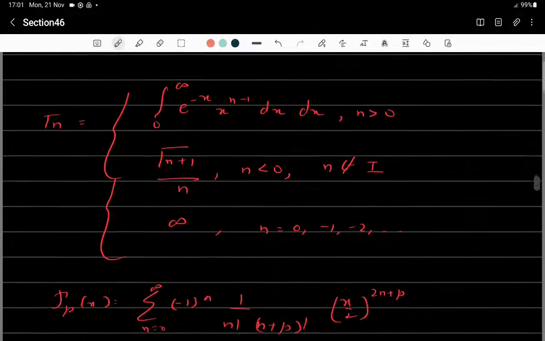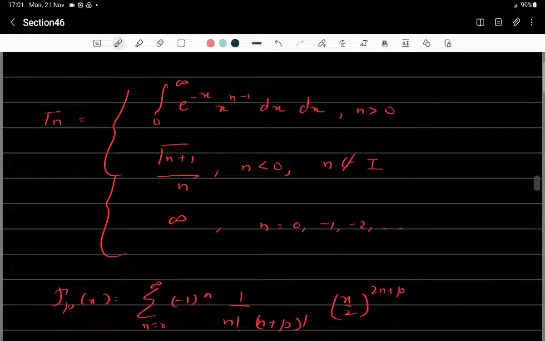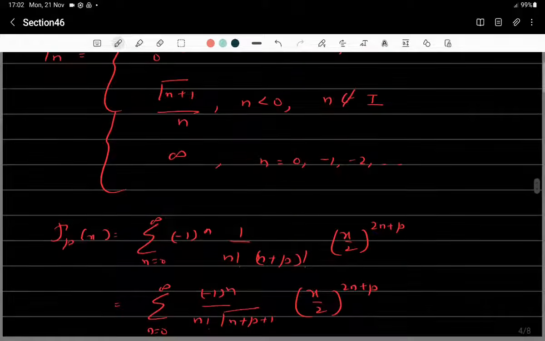It means that if you go back to jpx, then your jpx is the summation of minus 1 raised to the power n by n factorial times n plus p factorial. Both n and p are greater than 0, and that's why I can write it in the form of gamma n plus p plus 1, which makes sure that gamma n is defined, which shows that jpx is defined for all p greater than 0.